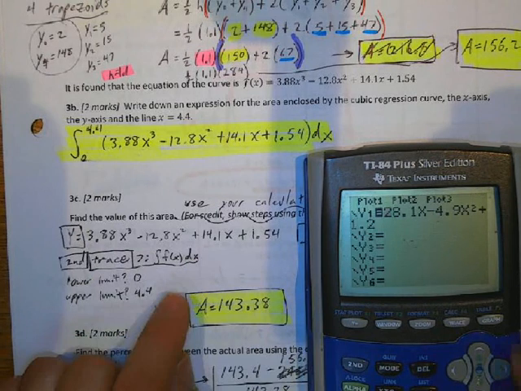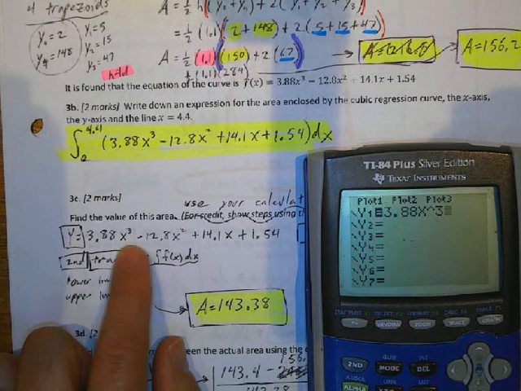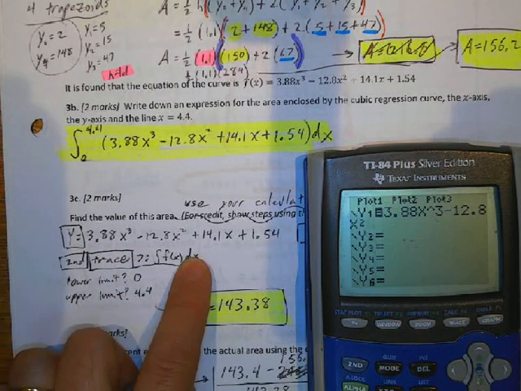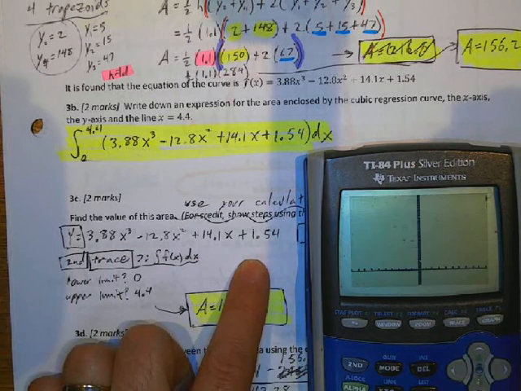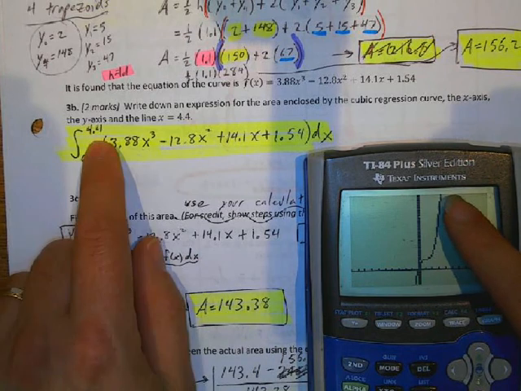Let's type that over again. 3.88 x cubed minus 12.8 x squared plus 14.1 x plus 1.54. And if you graph that, before I get to 4.4, it comes off the screen.